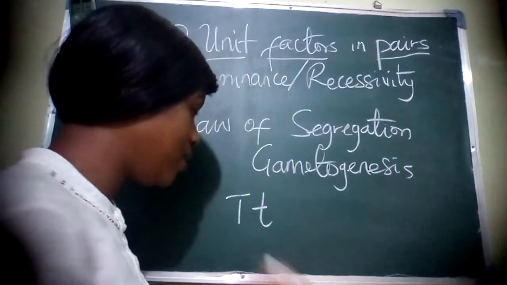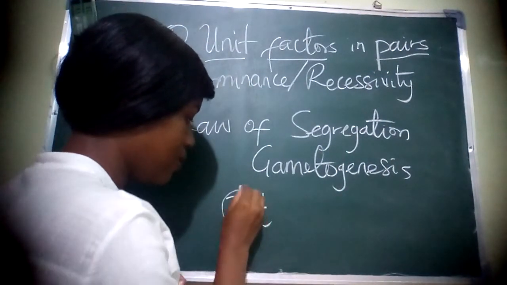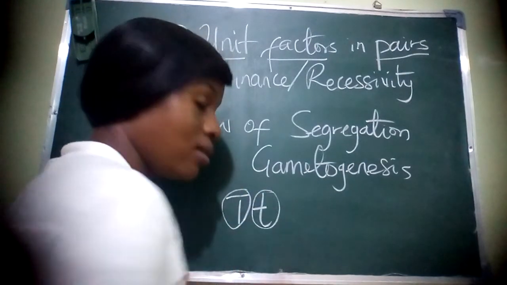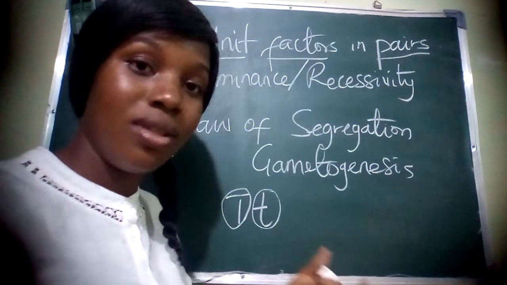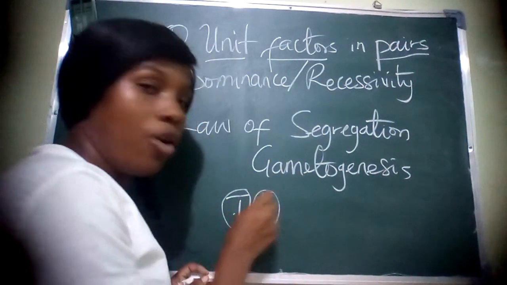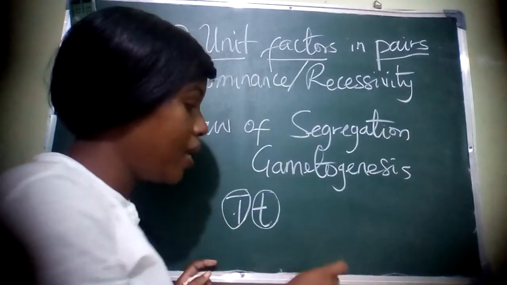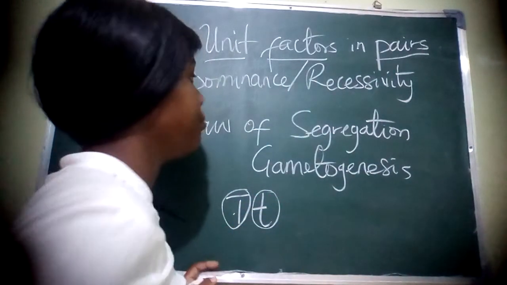That is, each gamete either gets this or this with equal likelihood. So it is either this or this. Both do not end up in the same gamete.